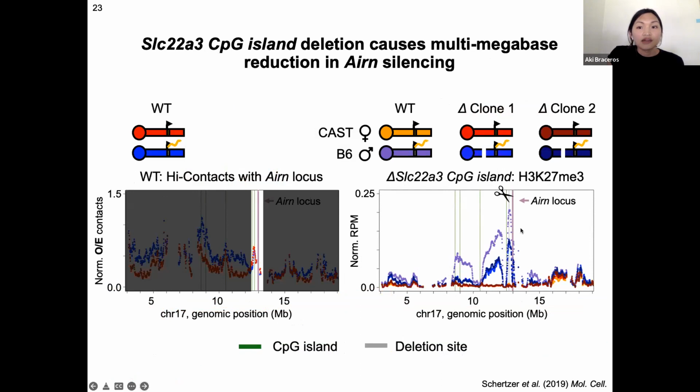And we see this effect extend from the SLC22A3 deletion site all the way to the T-CpG island. And this result supports our hypothesis that these CpG islands are codependent and working together to form this 3D chromatin network that's important for Airn-induced silencing.